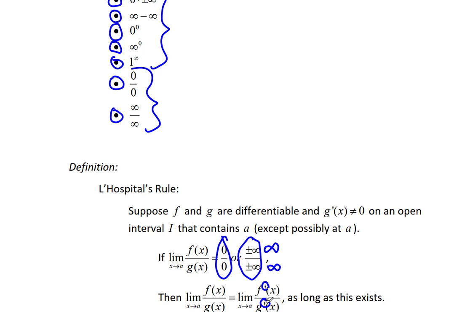So what this theorem is saying is that if you have a limit which gives you one of these 2 indeterminate forms, 0 over 0 or infinity over infinity, then you can simply take the derivative of the numerator and the derivative of the denominator and then take the limit of that quotient and you'll get the same value ultimately.